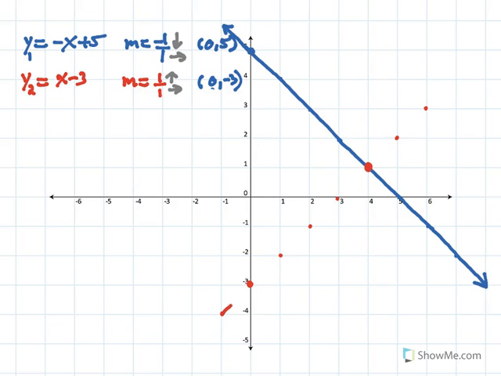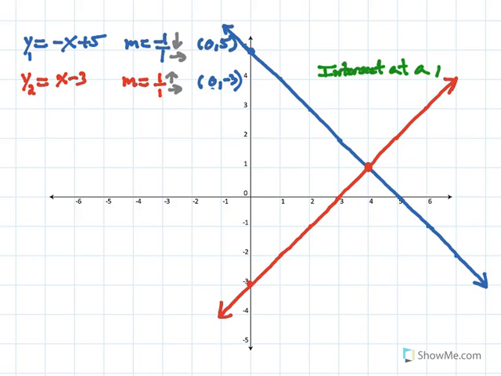So what happens to these lines? Well, they clearly intersect each other. Okay? And there's a point of intersection here. So they clearly intersect at a point.